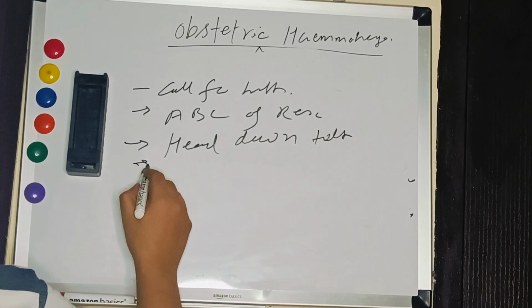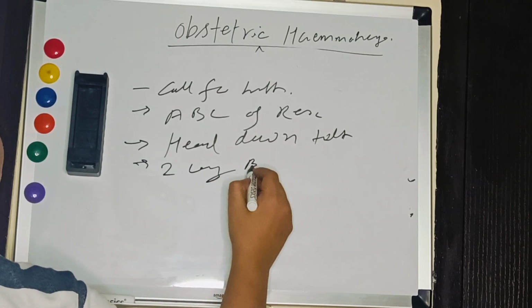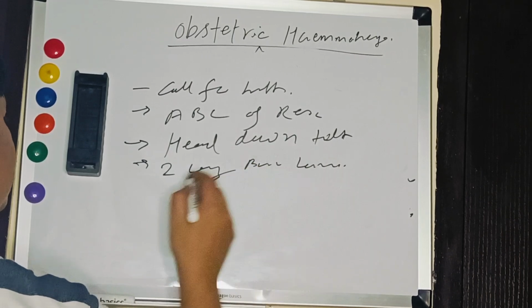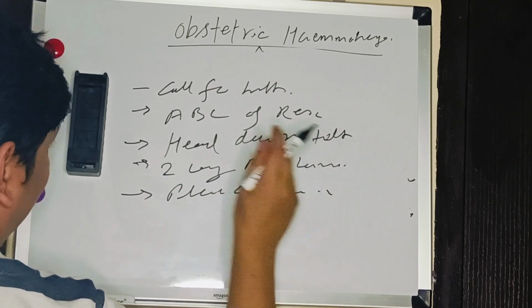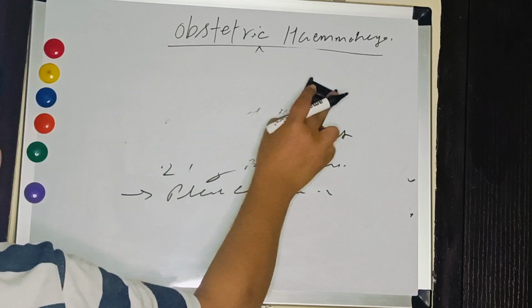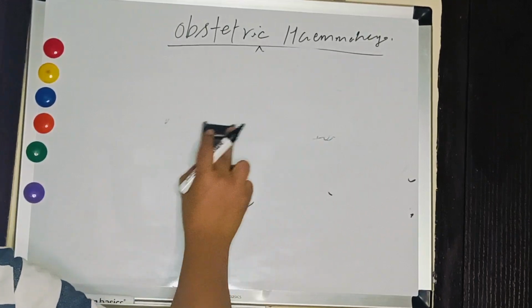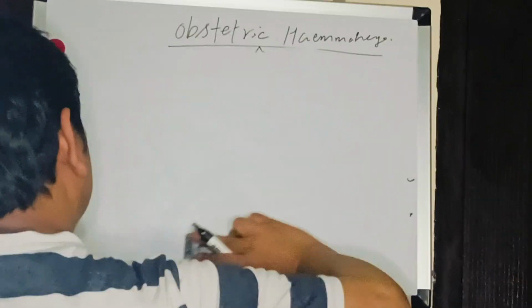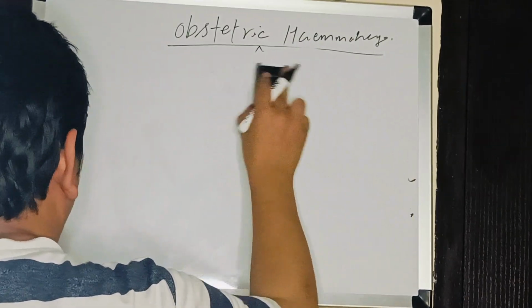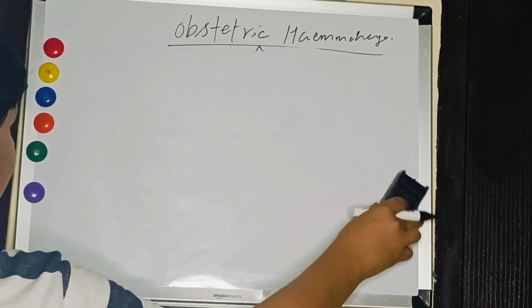Two large bore cannulas. Plenty of crystalloids, colloids, and blood. If time permits, arterial line, central line. If time permits or hands are available, we can go ahead with hemodynamic monitoring.